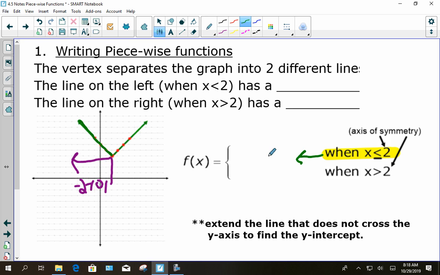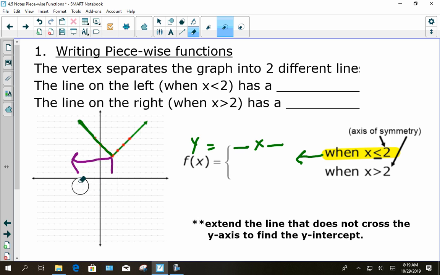And how do I write the equation of a line? Well, y equals blank x blank. And in the first blank, what do I put? Yes, I put my slope. What is the slope for this line right here? It's going to be 1 over 1.